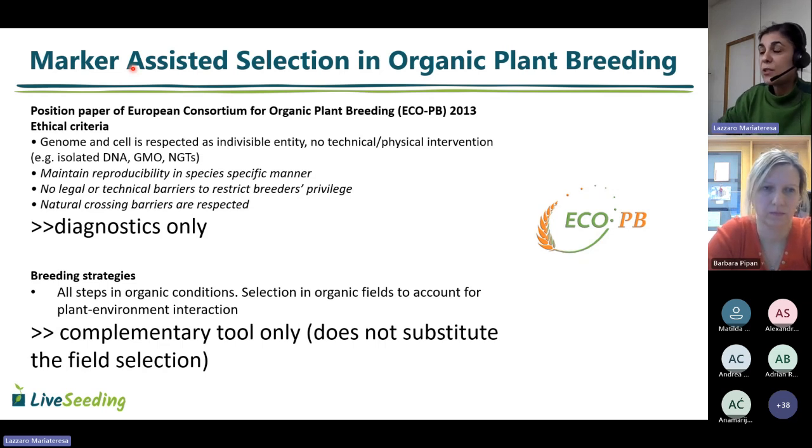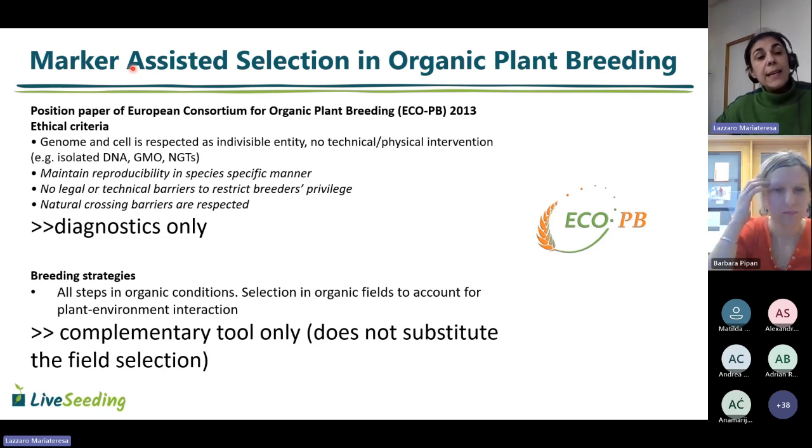The other very important point in organic breeding is that all the steps are conducted in organic conditions, in the sense that great importance is given to selecting the plants in the direct environment in which they will be cultivated.